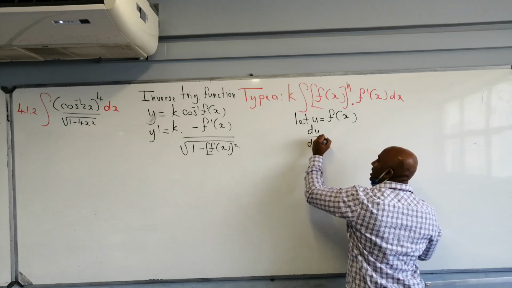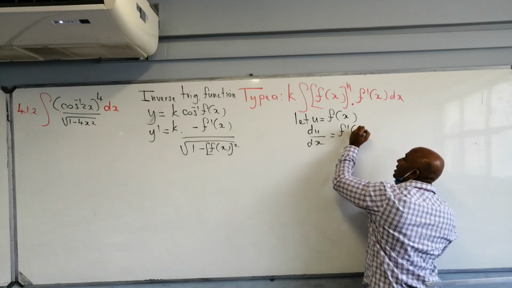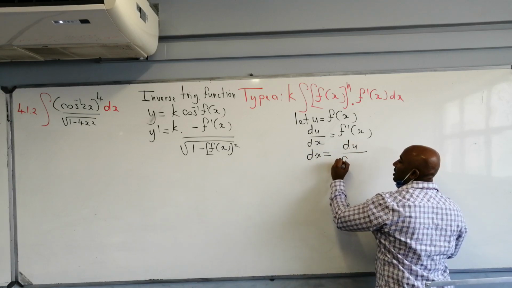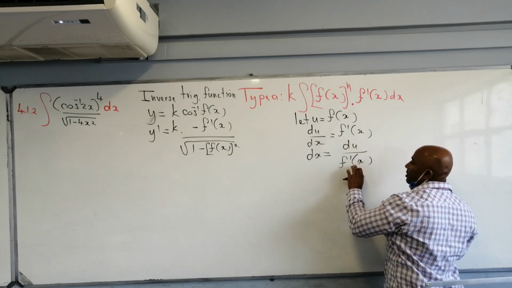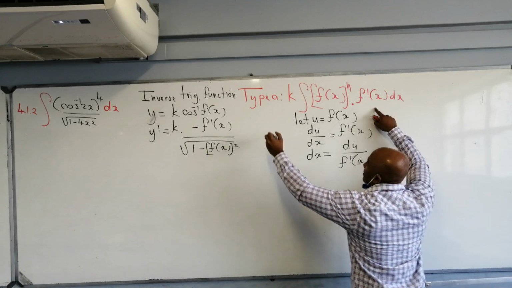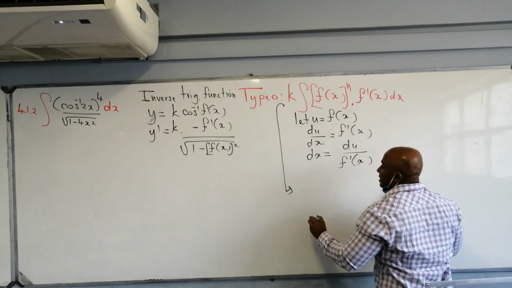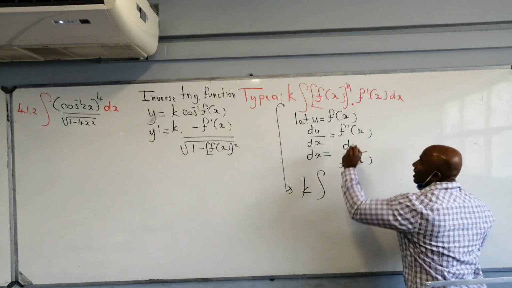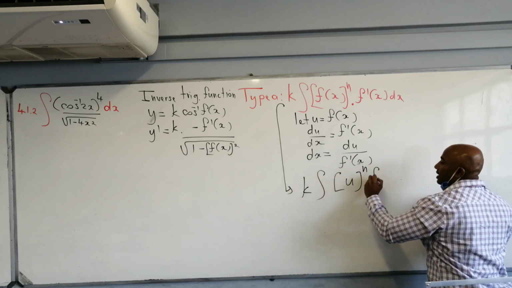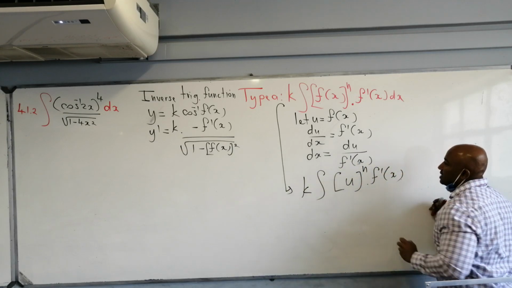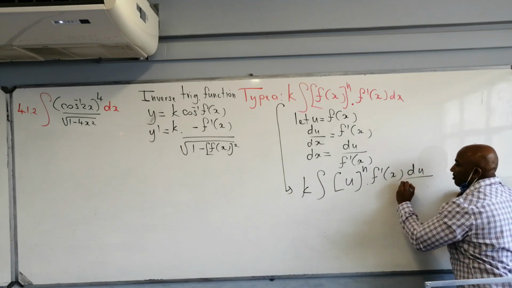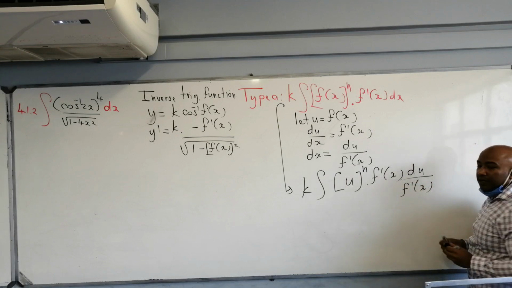So du over dx is going to be f prime x. So then dx is going to equal du divided by f prime x. This is u substitution. So what happens now? If I go here, this will be k, and then f of x will be u to the power n. Then I'll have f prime x there, and then dx is going to be du divided by f prime x.